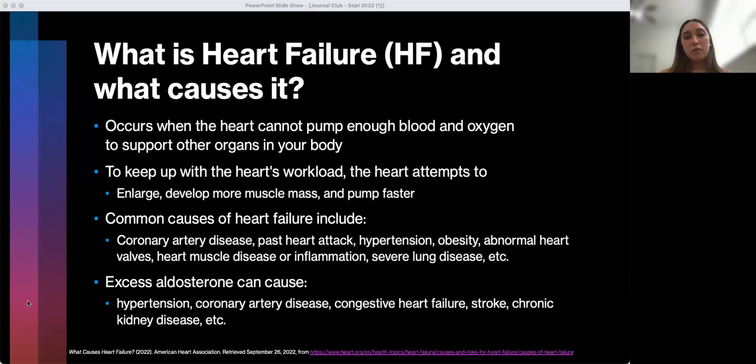Another cause would be heart muscle disease, or cardiomyopathy, or inflammation, so myocarditis. This is damage to the heart due to maybe drugs or alcohol or even viral infections, and this can all increase heart failure. Then another cause would be severe lung disease.